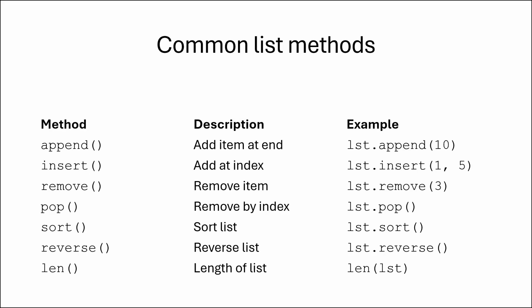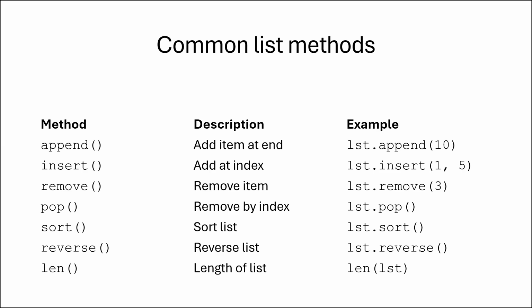Next topic is common list methods. These are the common list methods in Python. The first one is the append method. It focuses on adding an item at the end. Only at the end, your particular element will get appended. Next is the insert method, that is, inserting a particular element at a particular index. Next is the remove method.